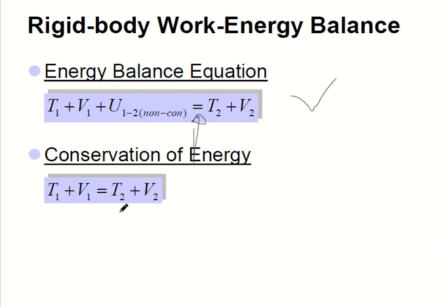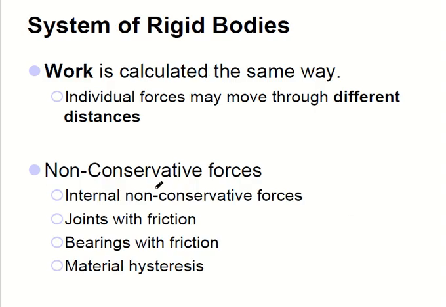Conservation of energy is not the same as the energy balance equation, different, because it doesn't have that. So we have the initial situation, kinetic energy plus potential energy, and the final situation, kinetic energy plus potential energy, for the conservation of energy.